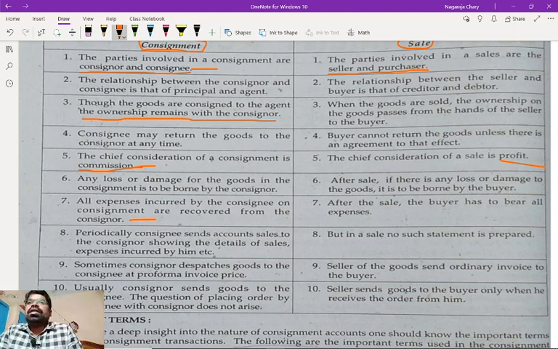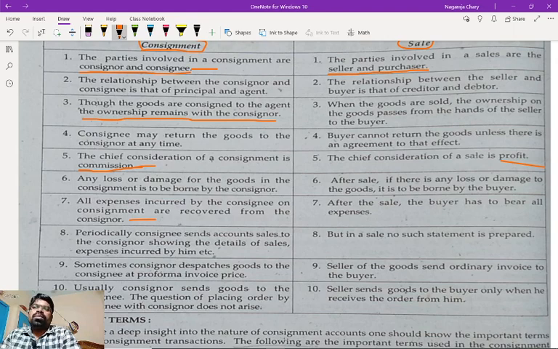Right? Next, periodically the consignee sends account sales to the consignor, showing the details of sales, expenses incurred by him, etc. Periodically means whatever sales are done by the consignee, the detailed information should be sent to the consignor in detail.